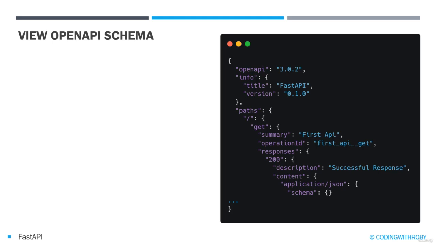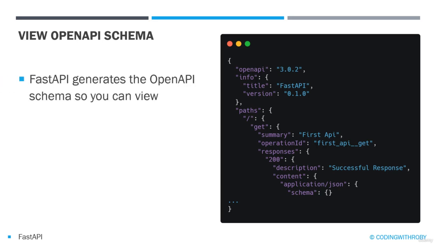You are able to view the OpenAPI schema as it gets auto-generated for you through FastAPI. So FastAPI generates the OpenAPI schema for you to view. If we look at the image on the right, we can see that we're using OpenAPI 3.0.2 and the info inside has a title of FastAPI with a version of 0.1.0.